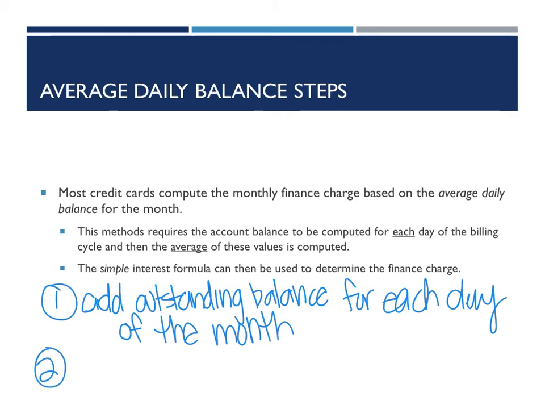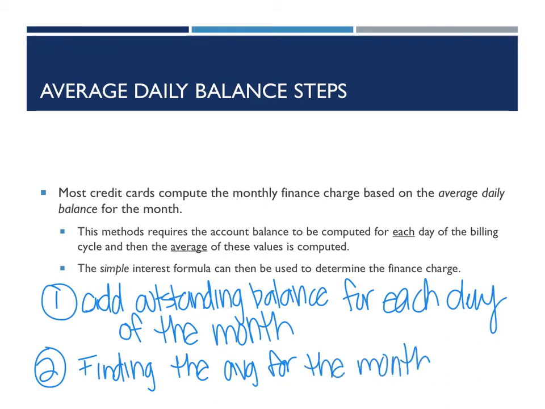The second thing you'll do is to divide that balance by the number of days. So that just means you're finding the average for the month. This means you are going to have to be careful about how many days are in the month.